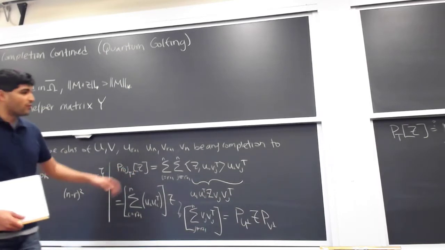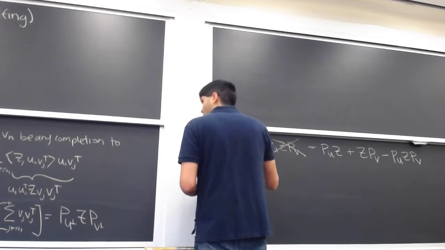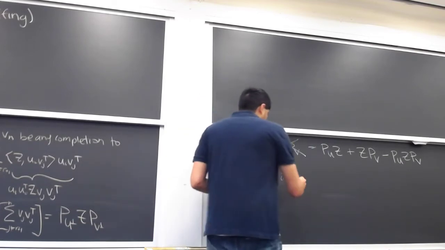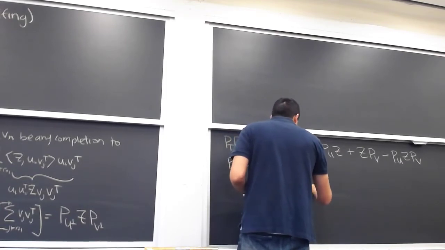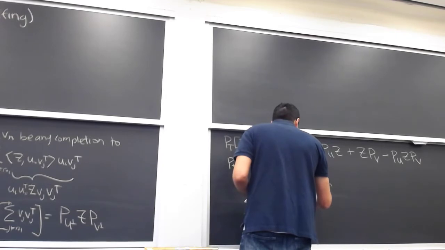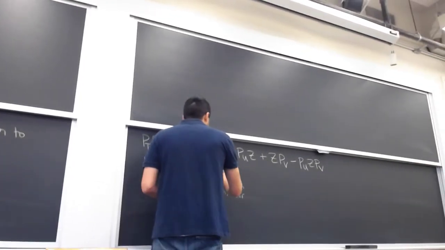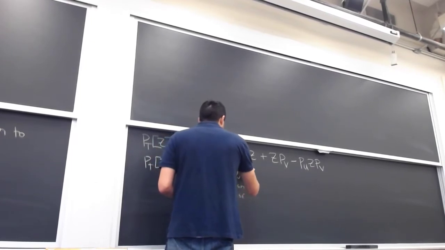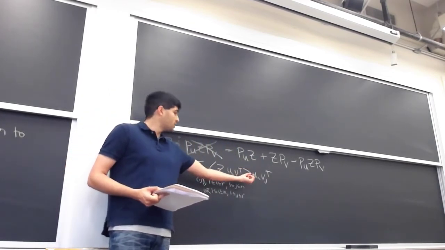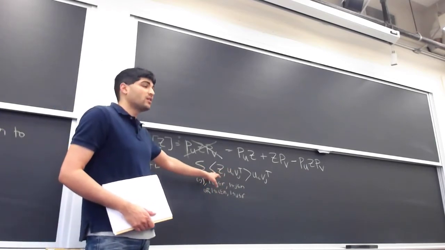So you can always write it in this form: P_T of Z is just the sum over all i, j, where you take all possible orthogonal matrices from this set, you take the inner product, and you add that matrix, u_i times v_j transpose.